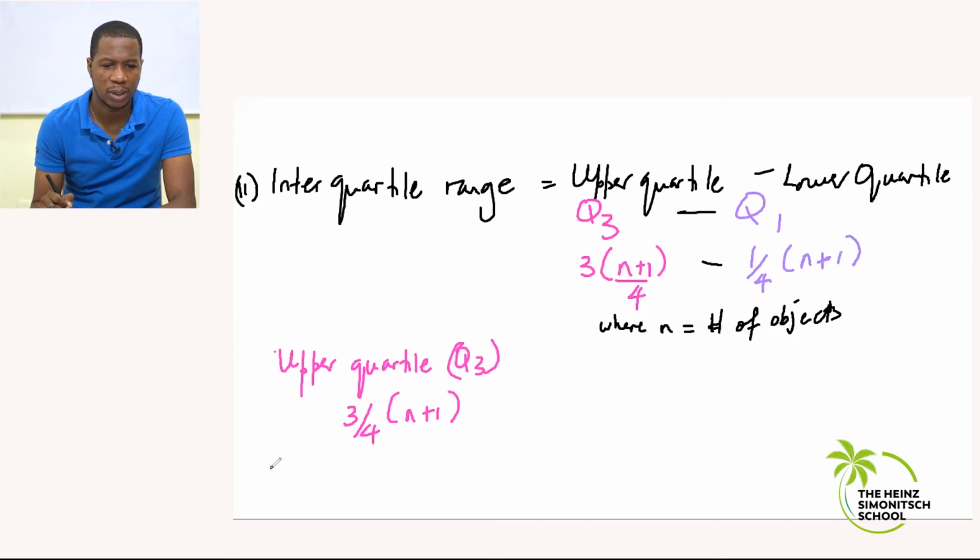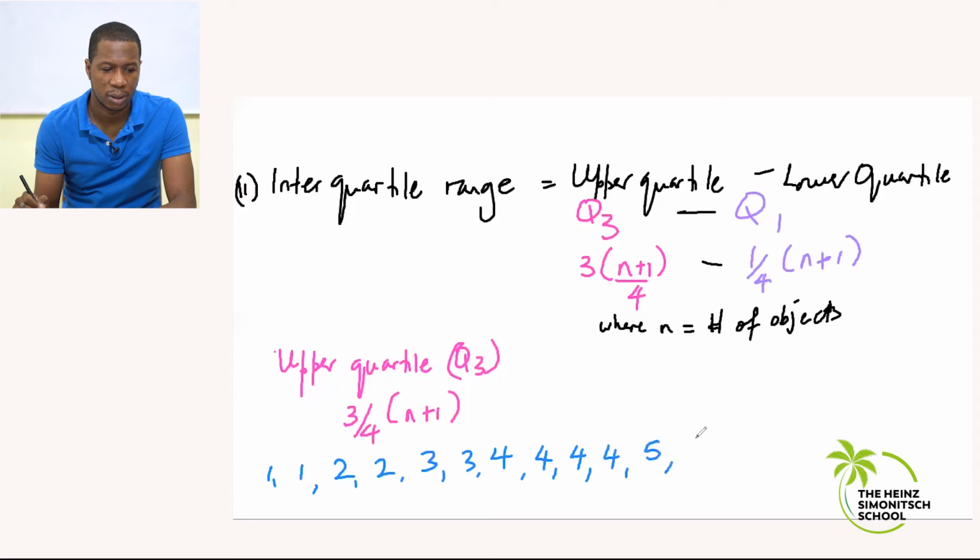So we can see what's happening, that we had 1, 1, 2, 2, 3, 3. There are 4 4s. 5, another 5.